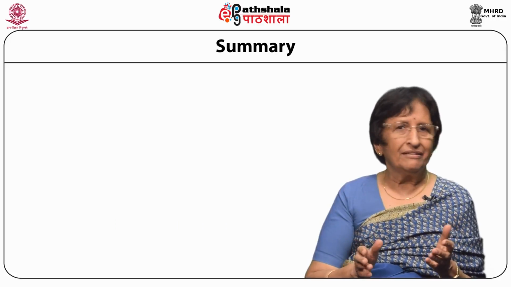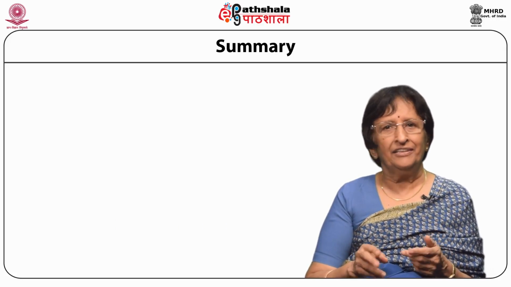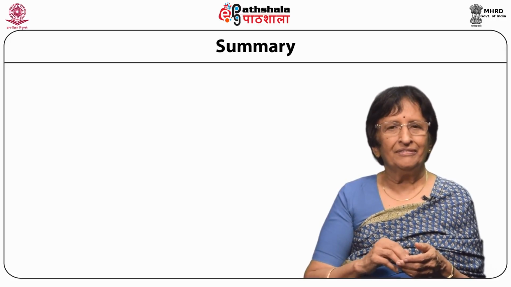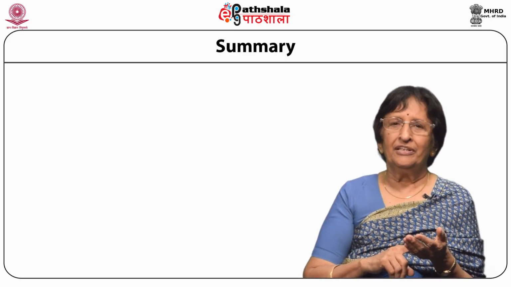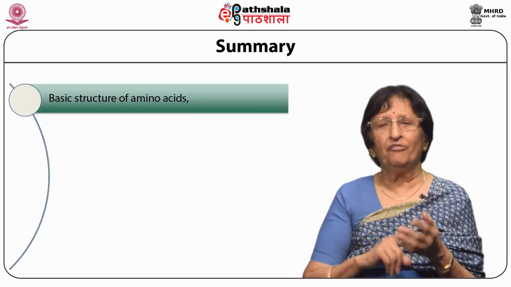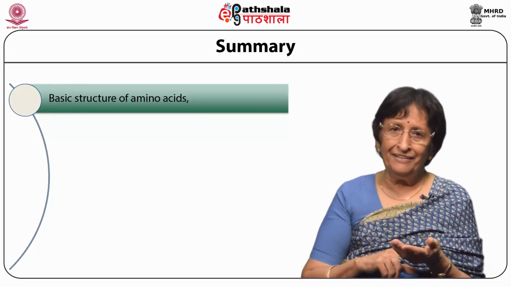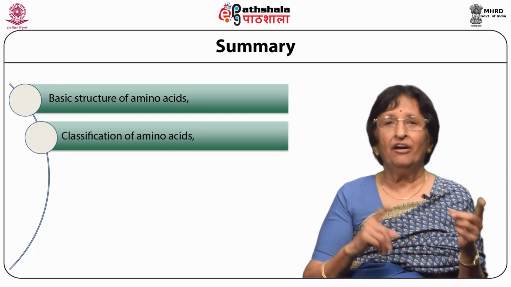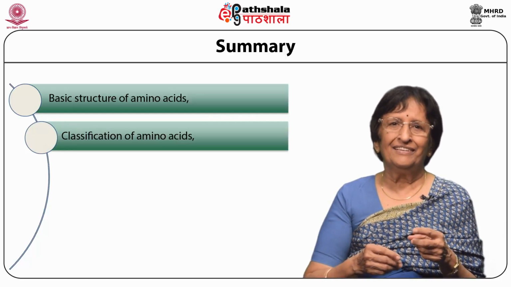Students, I would like to summarize what we have learned in today's module. We have studied and understood the basic structure of all amino acids. Then we learned classification of amino acids based on various methods.